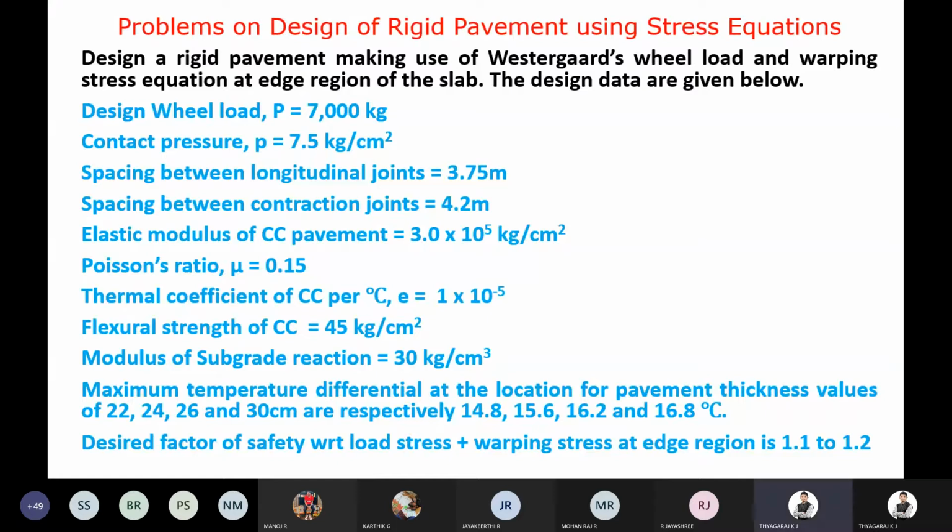Design a rigid pavement making use of Westergaard Wheelock and warping stress equations at the edge region of the slab. The design data are given below.